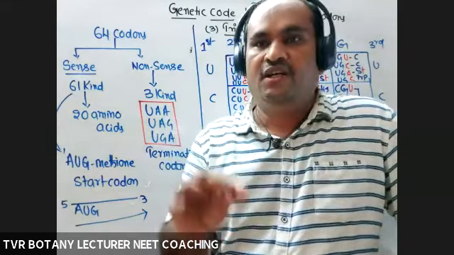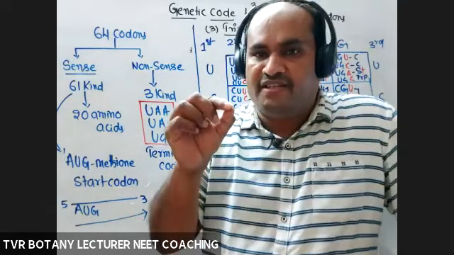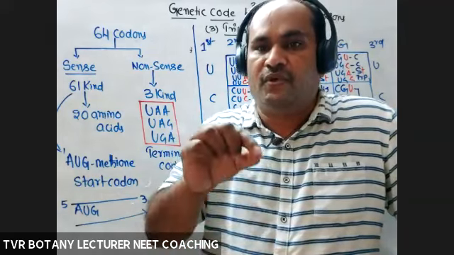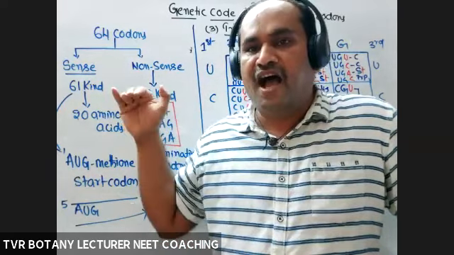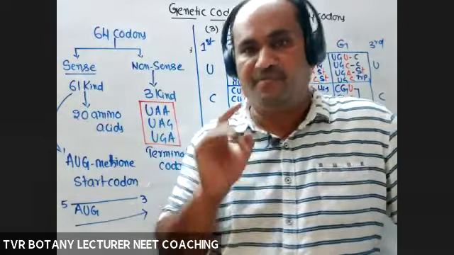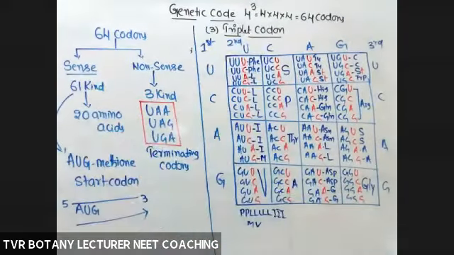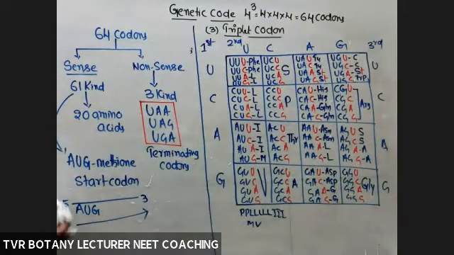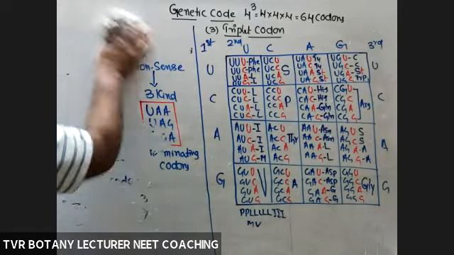Simply, the sequence of amino acids present in a protein depends on the sequence of nucleotides present on mRNA or DNA. Remember this one. Now, what are the characteristics of a genetic code?